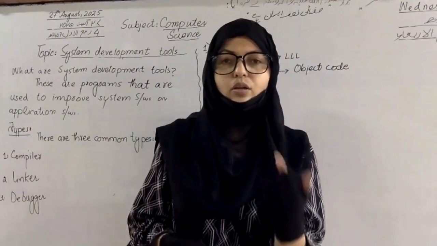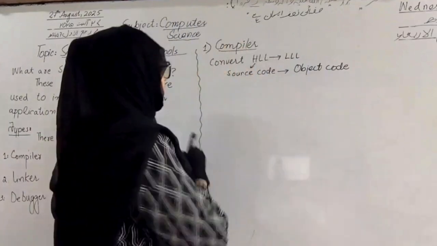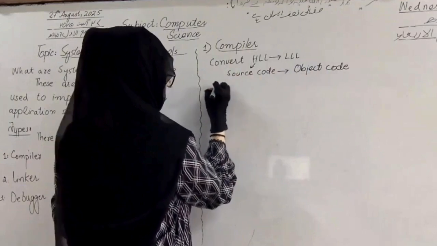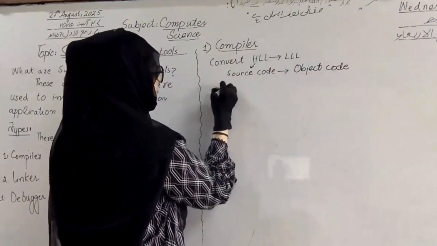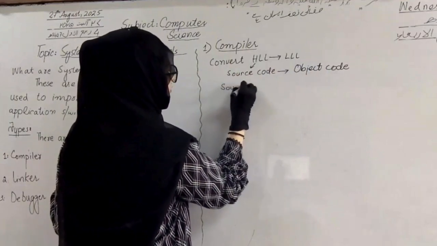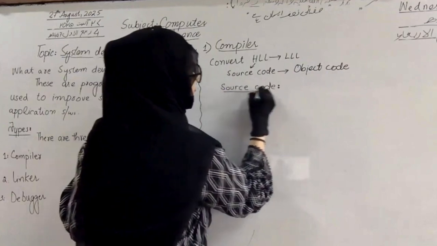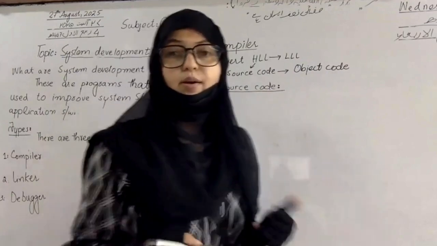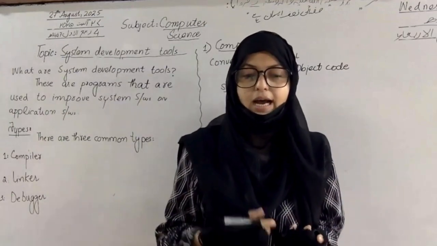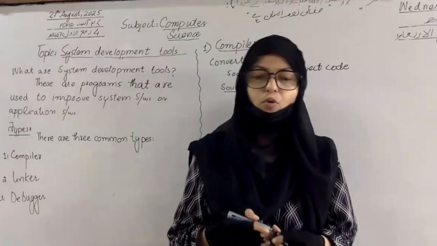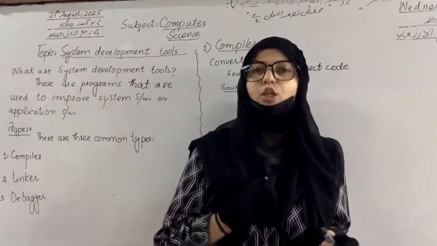Now we are going to learn what basically the source code is. As I have told you already, source code is the instructions written in a programming language, meaning in human language.